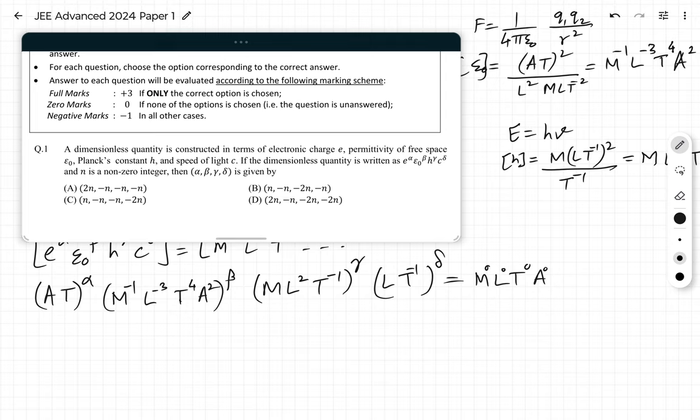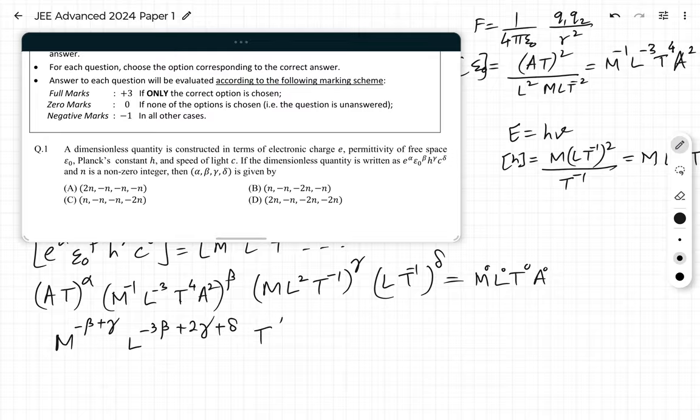powers together. For M, we get minus beta plus gamma, that's it. For L, we have minus 3 beta plus 2 gamma plus delta.